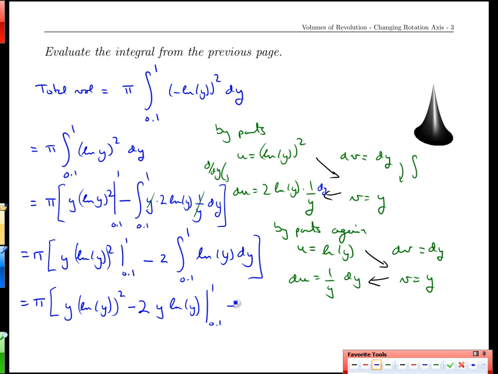And then we still have the 2 here, so minus 2 times the integral of, oh wait, we have a minus, and we'd subtract the integral, so it's actually plus the integral from 0.1 to 1 of y times 1 over y dy, and we're done. Almost done. Oh, phew, those cancel. That and that cancel, and we just get 1. So we have a complicated expression plus 2 times the integral of dy. We'll continue that on the next page.